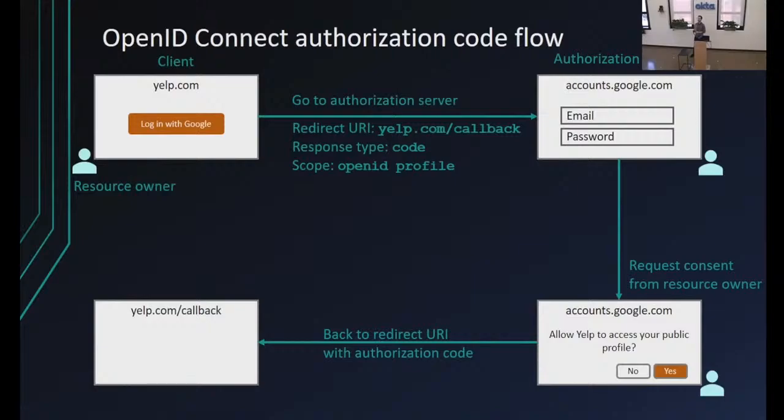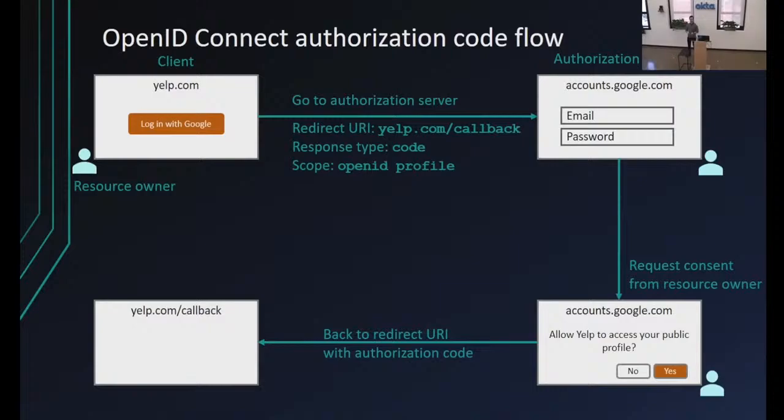So asking for that openid scope means that when we go over to the authorization server, all the normal stuff happens. We get asked to allow access to your profile or whatever. We get back to the callback with an authorization code. We use that code for an access token, but we also get back an ID token. So we get back both.